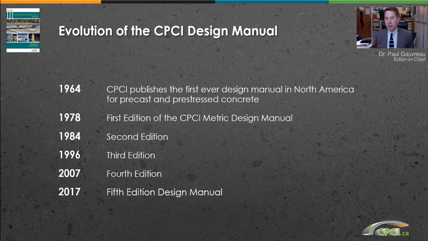Among other important updates, it included changes to element design arising from an increase in the concrete resistance factor in A23.3 from 0.65 to 0.7 for precast concrete produced in a precast plant certified in accordance with A23.4.